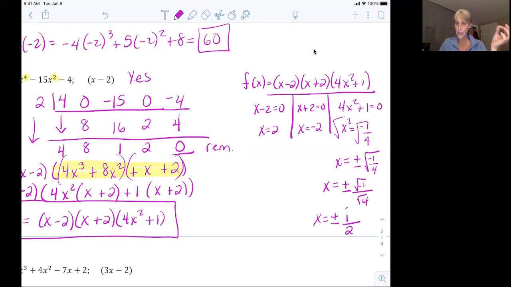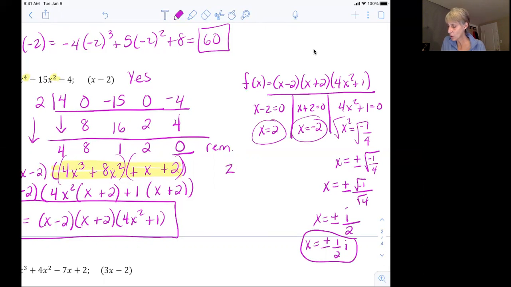If you want to put the 1 there, you could also write this as plus or minus 1/2 i. That's how you are probably more familiar with it. Let's talk about what these answers represent, right? These are our zeros, 2, negative 2, and plus or minus 1/2 i.